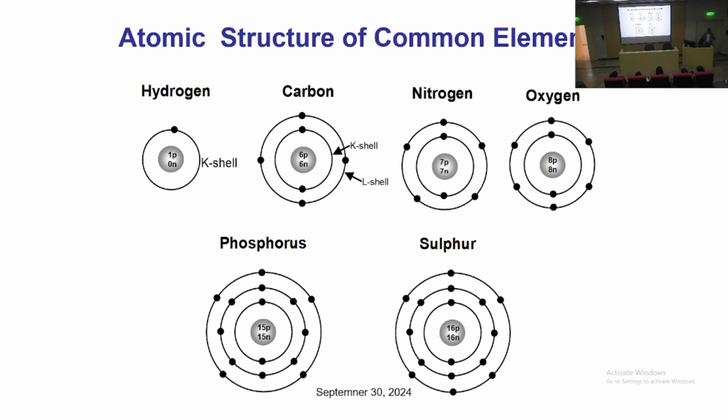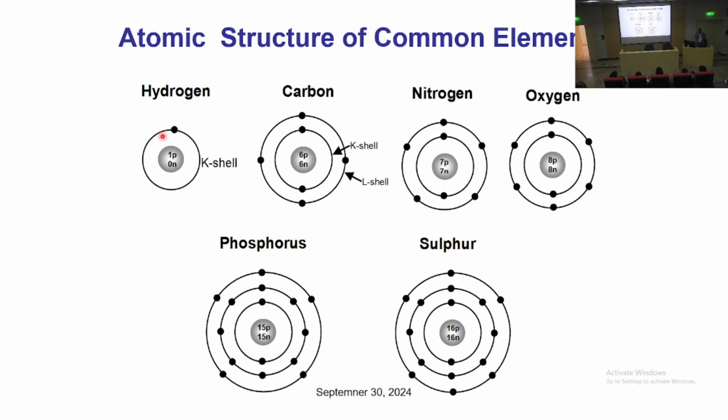So here are different types of atoms. As you can see here, we have hydrogen. Hydrogen has one proton, which is inside the nucleus, and one electron outside. So in the hydrogen, you can see that we have one proton and we have one electron.